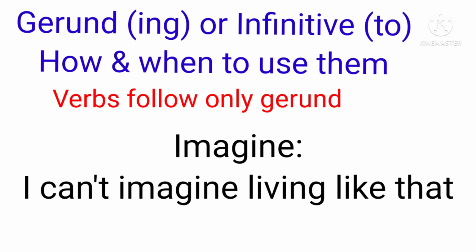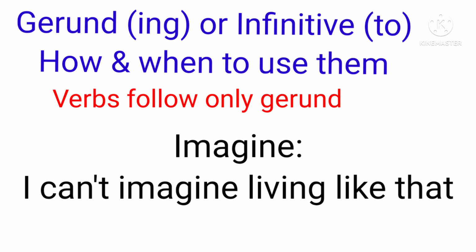I can't imagine living like that. Living is a gerund, because it came after imagine. Losing is a gerund because it came after risk. Changing is a gerund because it comes after admitted.